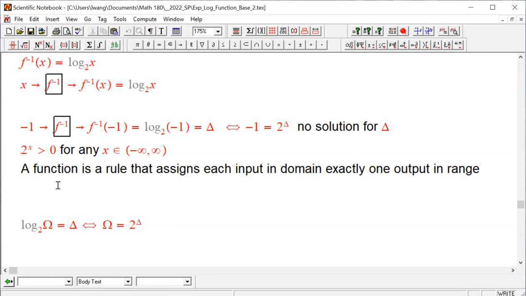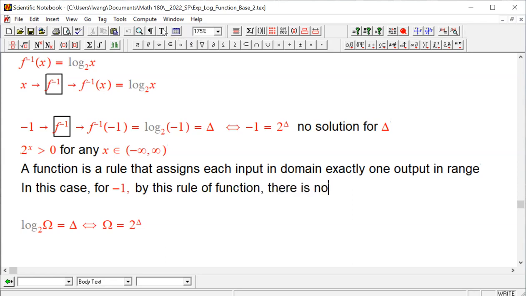Therefore, for -1, by this rule of function, there is no output for it.